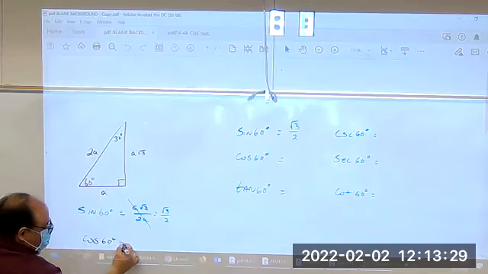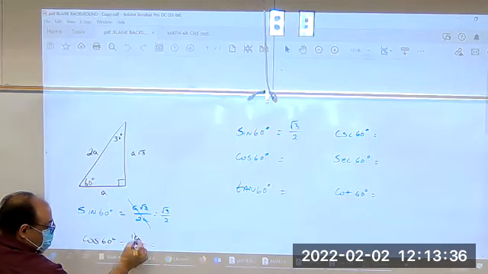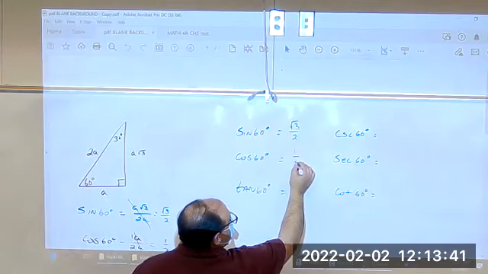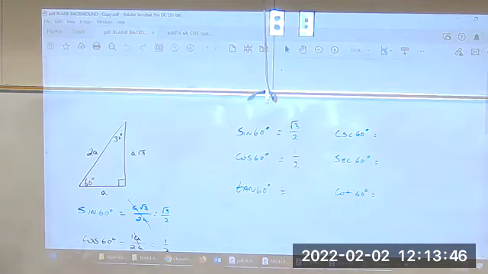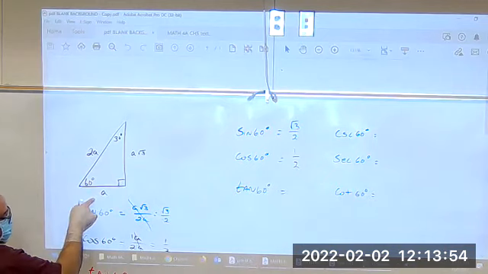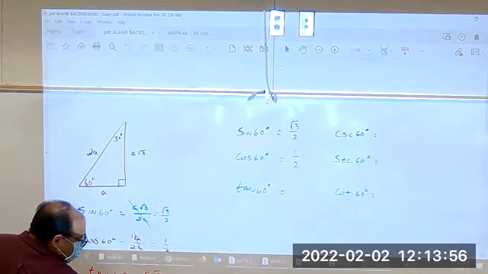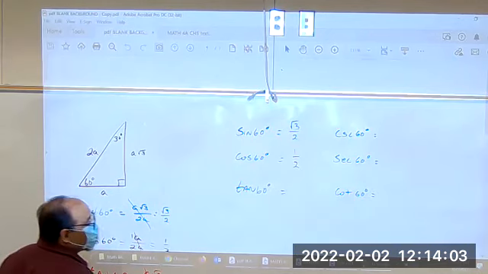So adjacent is a, hypotenuse is 2a. Again, the a is reduced. So that's 1 over 2. And tangent of 60. Opposite over adjacent. So a square root 3, adjacent is a. The a is reduced. Square root 3 over 1 is just square root 3.